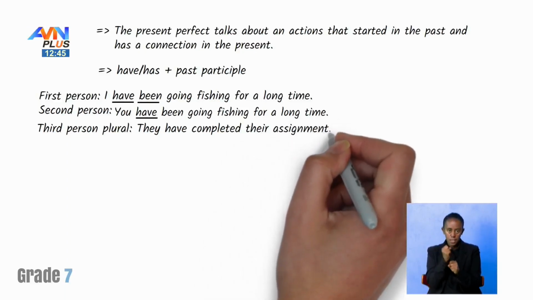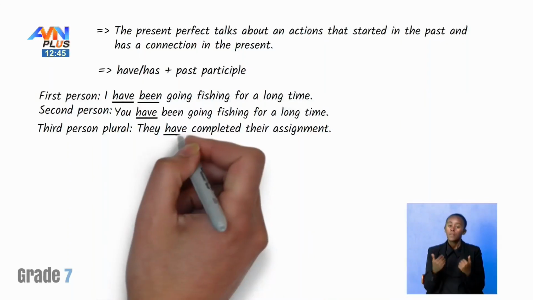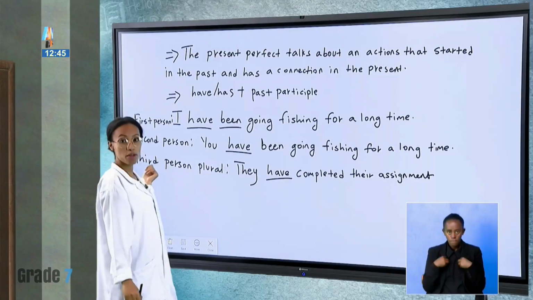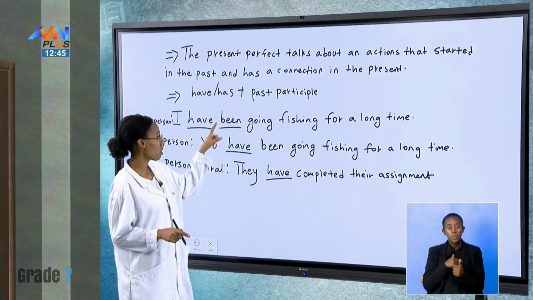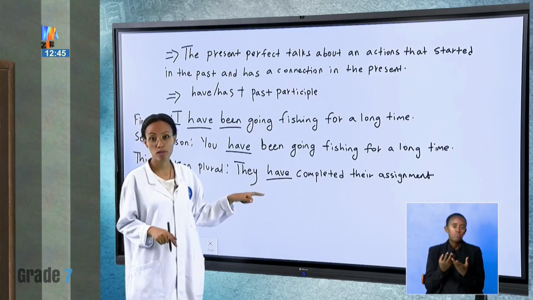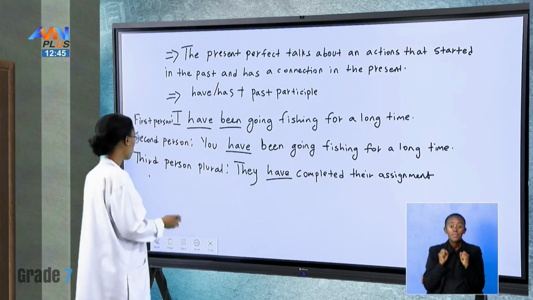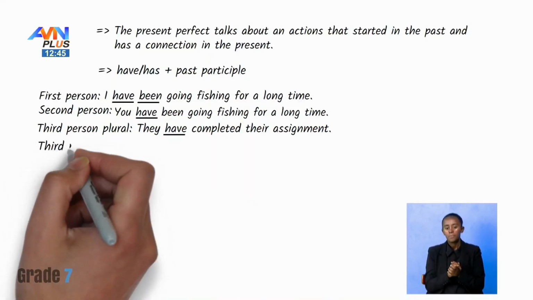So here again, we have used they have, or we can change this into we have, which is the first person plural. But if you see here, we have been using have until this point, but we change it to has when we use the third person singular.